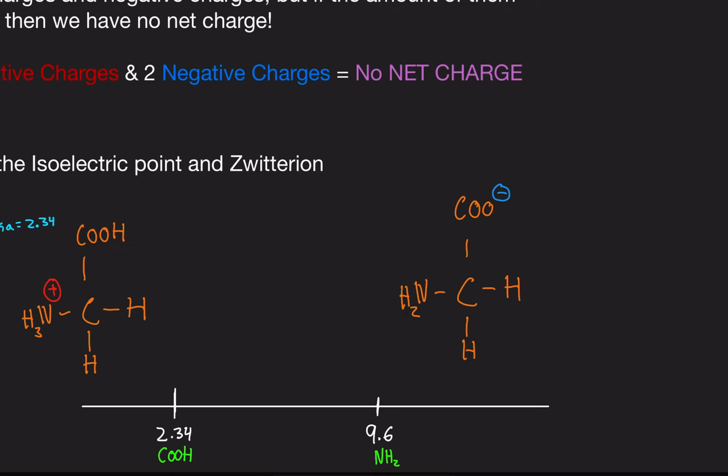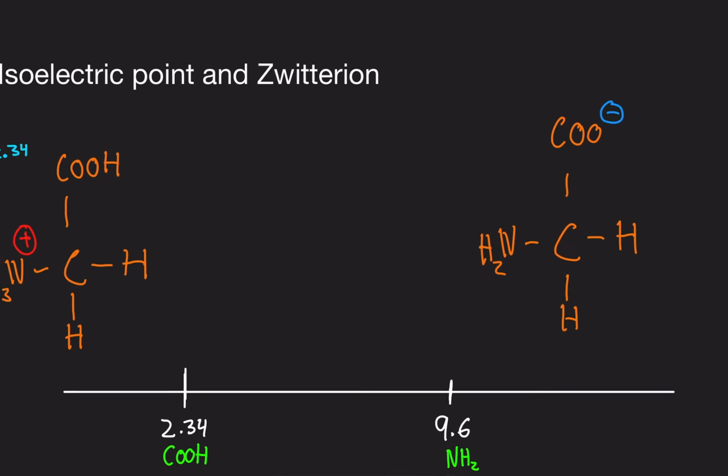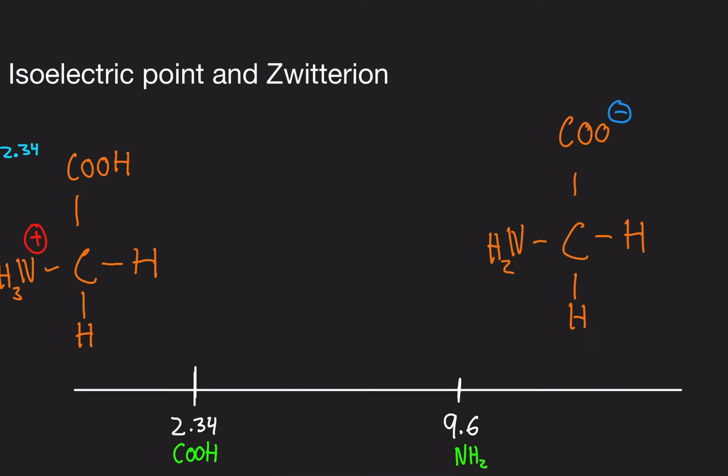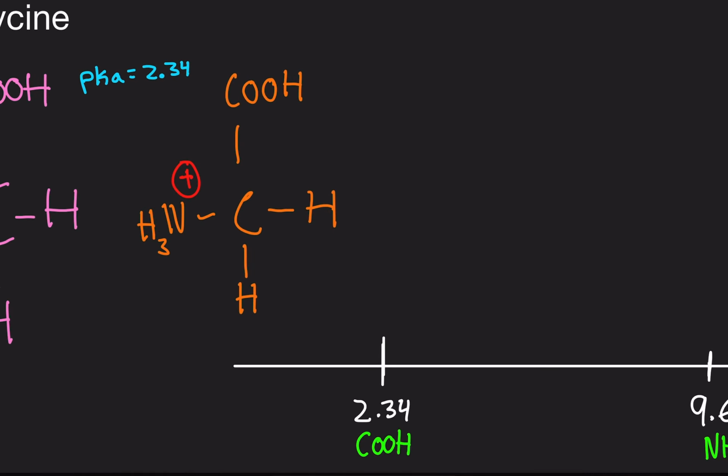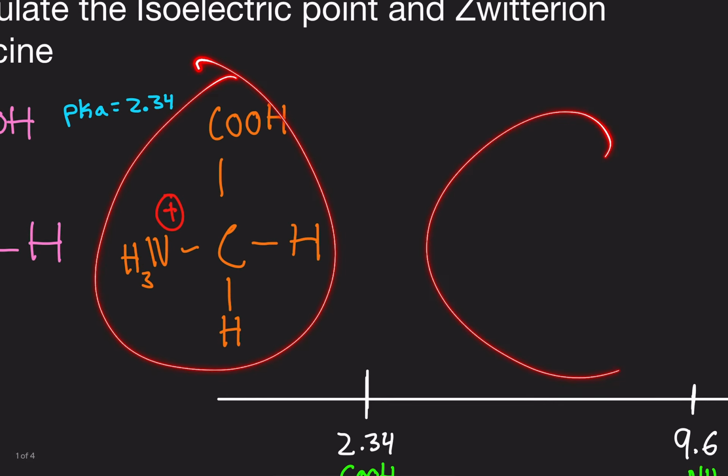Okay. Now, here's the next step. And this is how you find the Zwitter ion. The reason we drew these labels here, think about them as boundaries. When you cross that boundary, there's only one functional group which you can change. So what do I mean by this? We're going from here to here, this way.